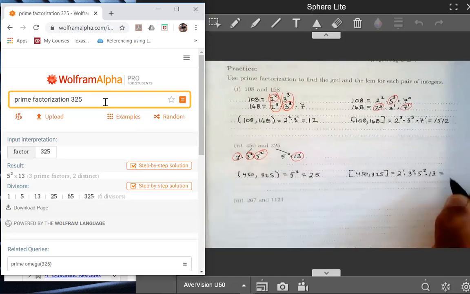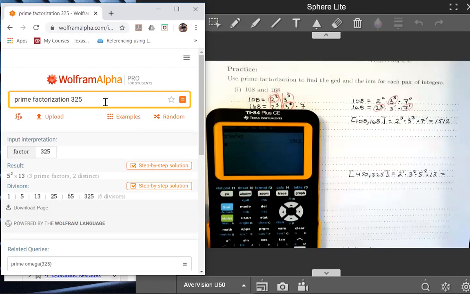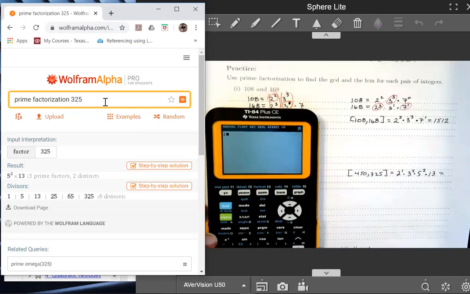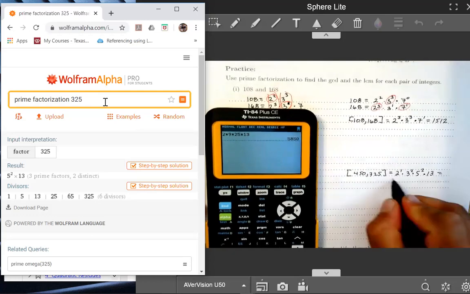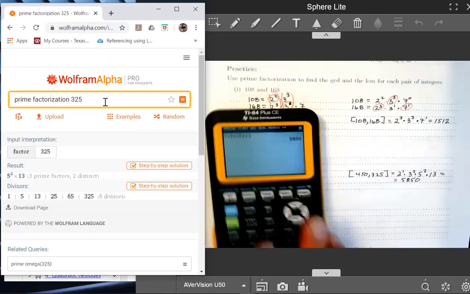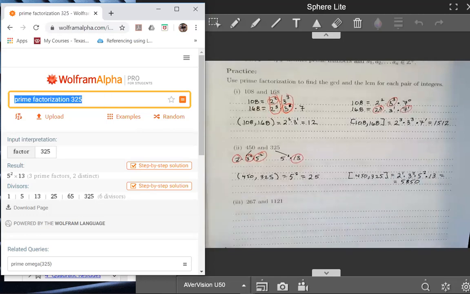All right, and if we multiply that out, we can come over here and say 2 to the first times 3 squared times 5 squared times 13. We get that our value is 5,850. Of course, we know that we could use our technology to check that out.